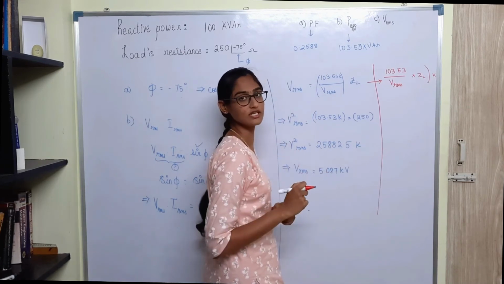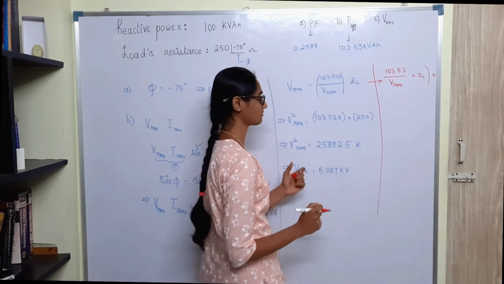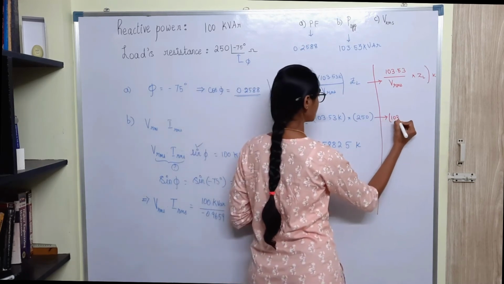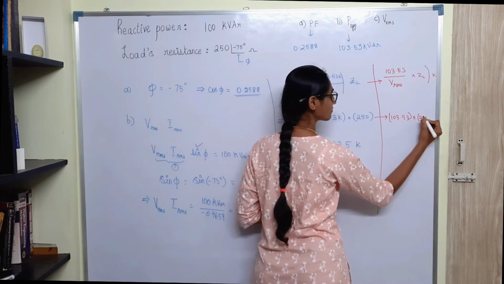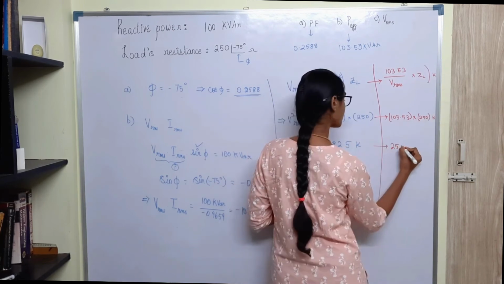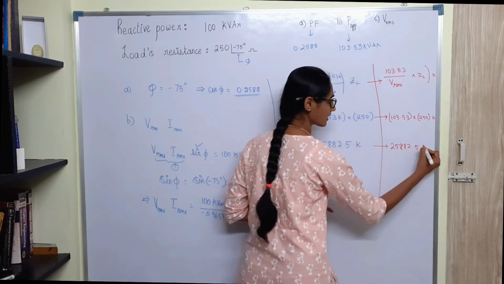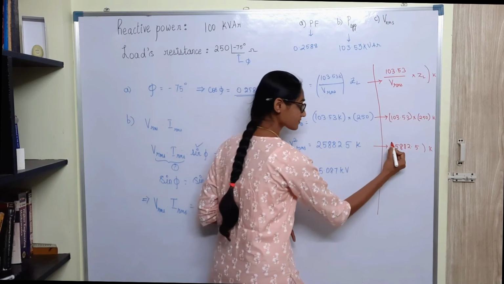But you will make a mistake here. Let me continue this process and explain how the mistake will appear. So V square RMS will be 103.53 into 250, which is 25882.5. You will miss the K and think that you will add this K in the units.